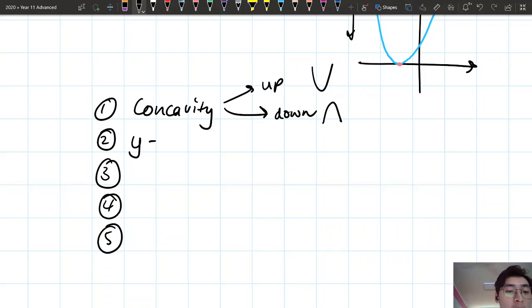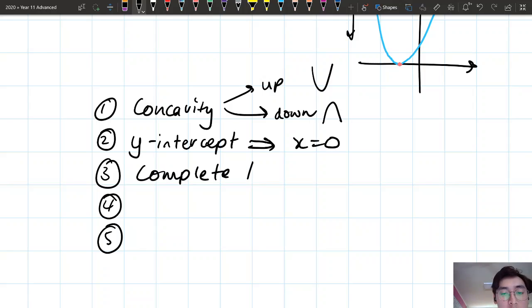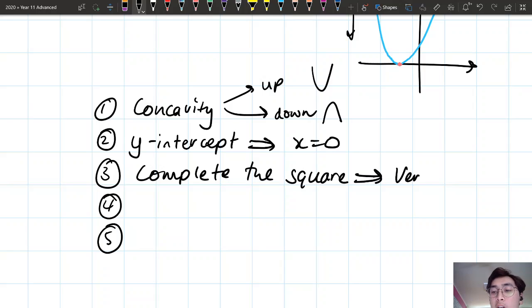The second step, the y-intercept, I still want to check that. I want to sub in x is equal to 0 to find the y-intercept. But unlike graphing the parabola by factorizing, what I'm going to do here is complete the square, and this will find me the vertex and the axis of symmetry quite quickly.